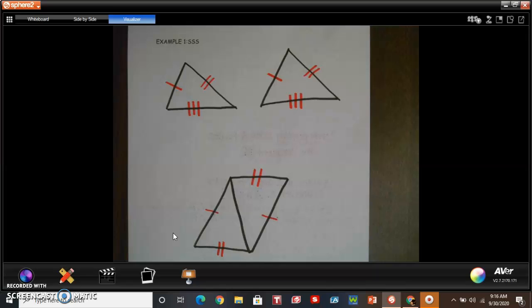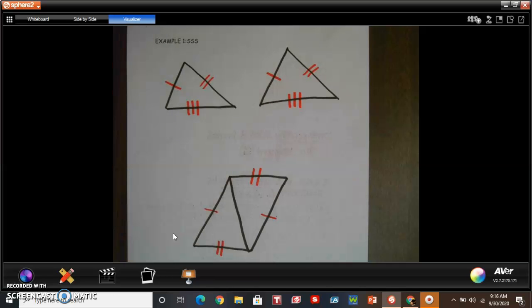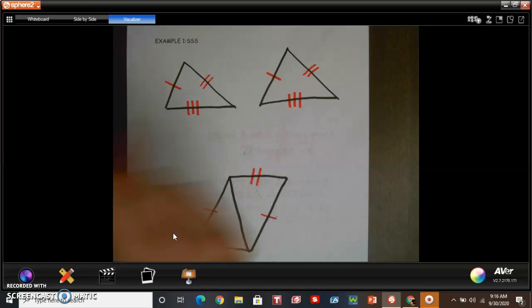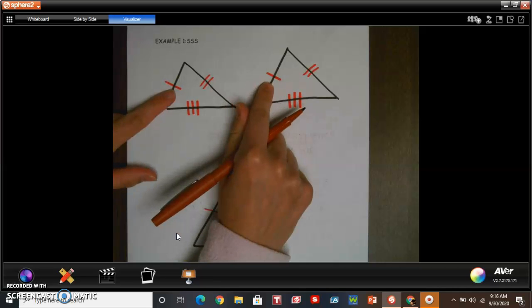Okay, I will now begin, starting with side, side, side. Now remember, side, side, side is whenever three sides of one triangle are correspondingly congruent to three sides of another. So when we look at our first example here, what we're looking for are for those sides to have the same number of dash marks. For example, see how these sides both have one dash mark?